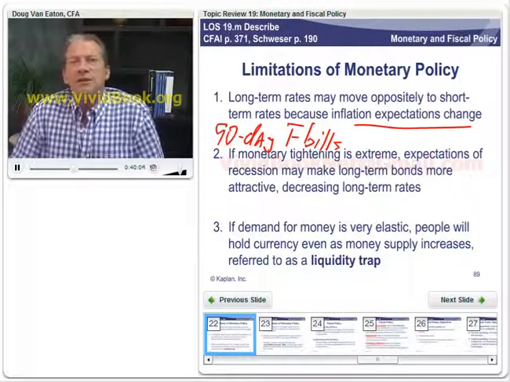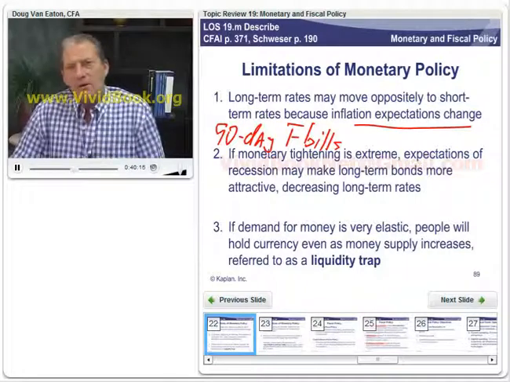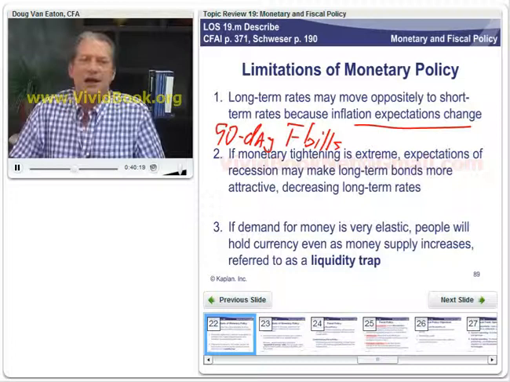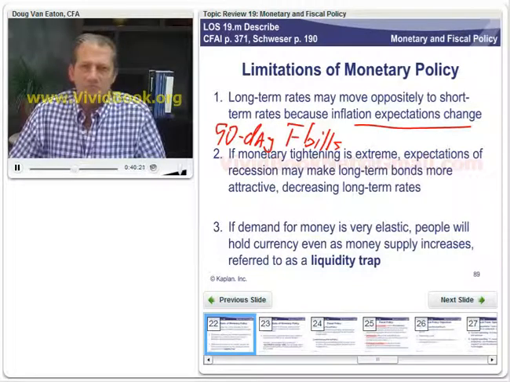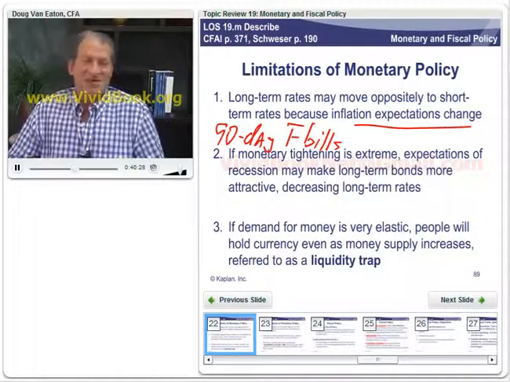If demand for money is very elastic, people will hold currency even as the money supply increases, referred to as a liquidity trap, right? We said, well, if they get excess supply of money, people try to get rid of it, they buy securities. Well, in this case, they're not doing that.